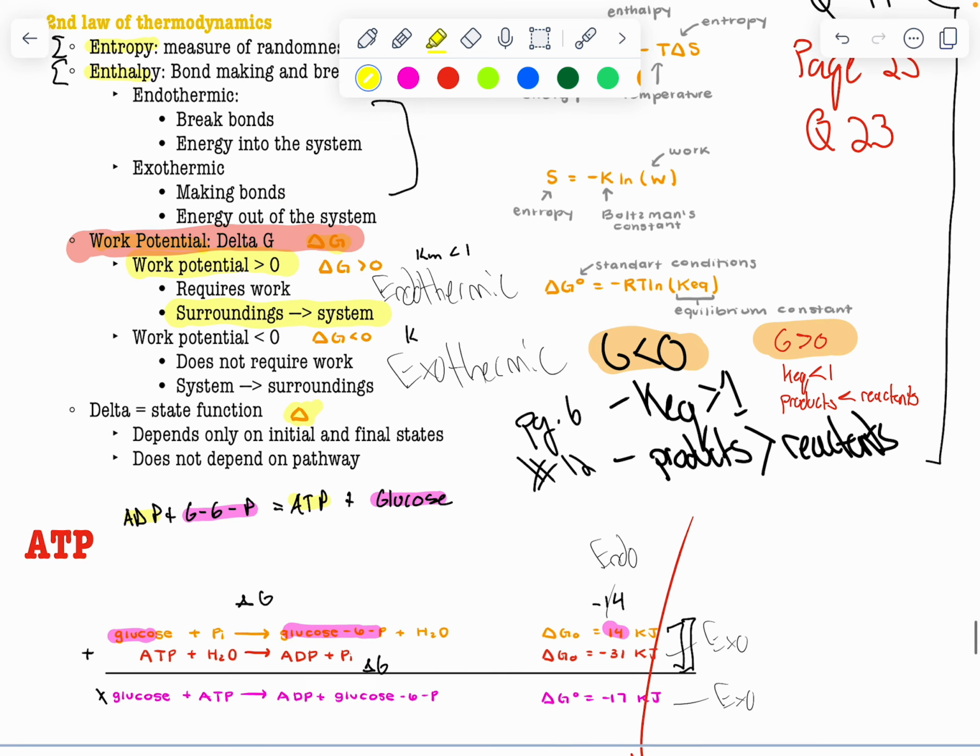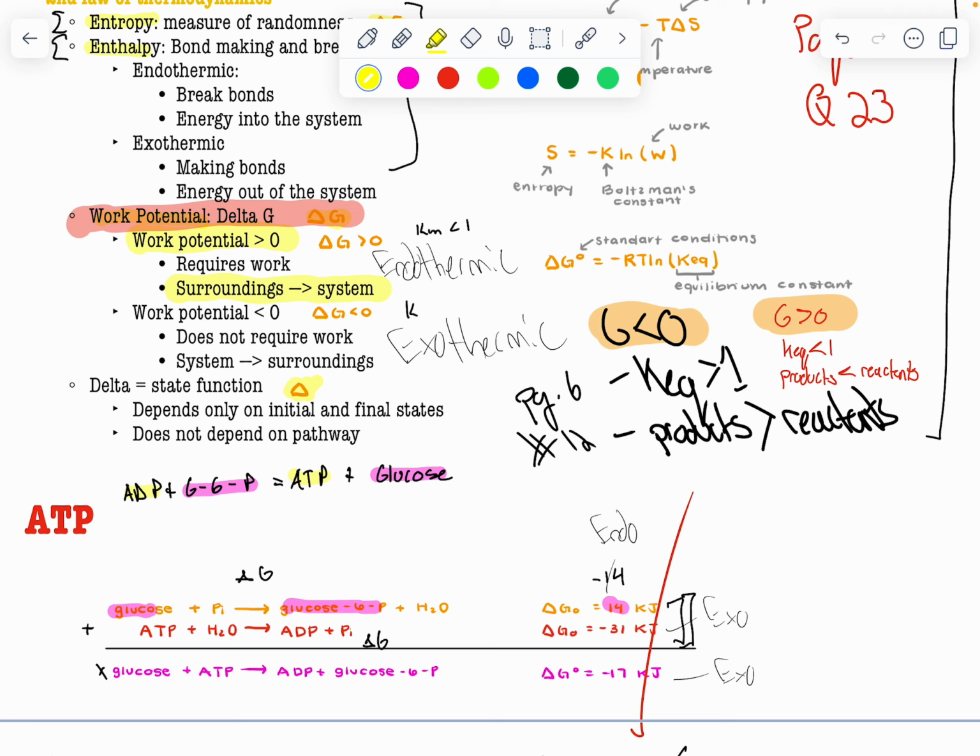Now, if our work potential is less than 0, or delta G is less than 0, that means we don't require any additional energy to throw in. We don't need to throw in any energy to these systems. And for the most part, they function spontaneously because we don't need any extra input of energy. They already have the required energy to get these reactions to go. And it's basically system into surroundings.